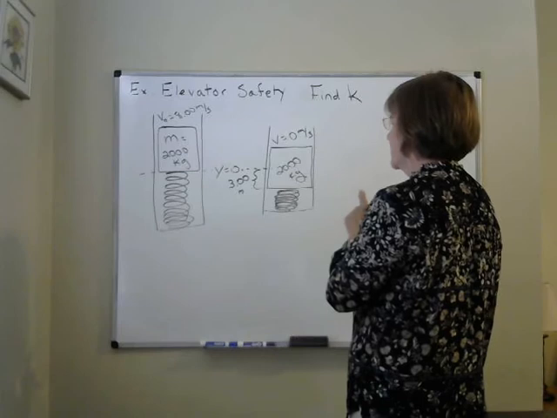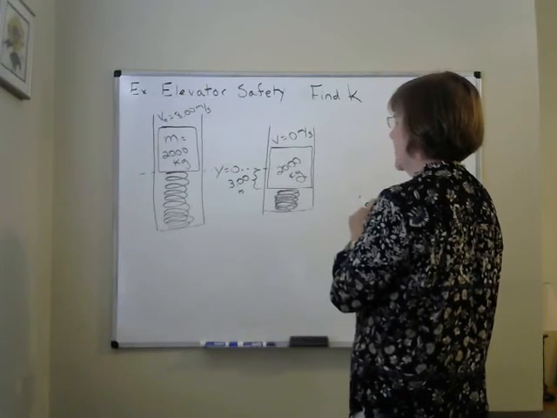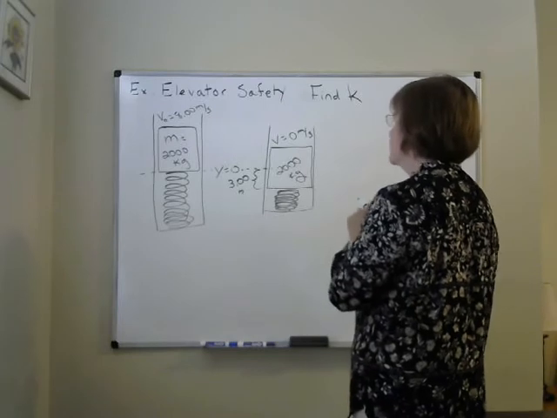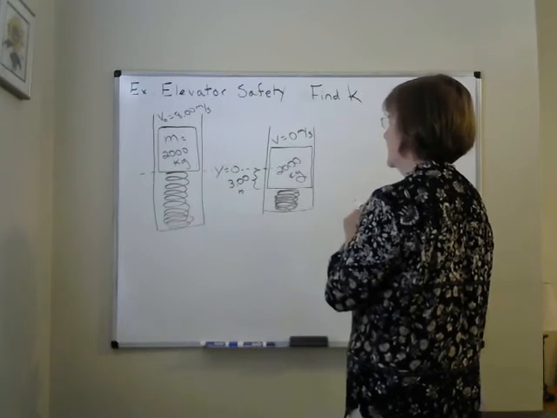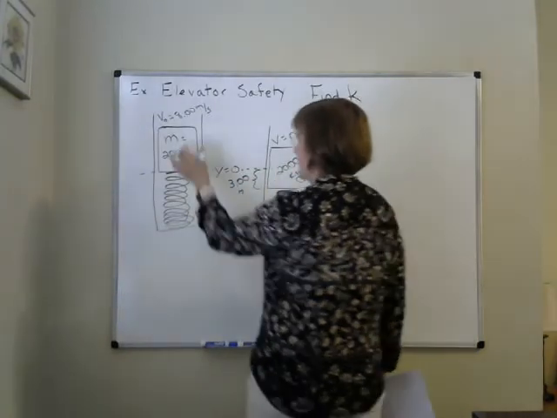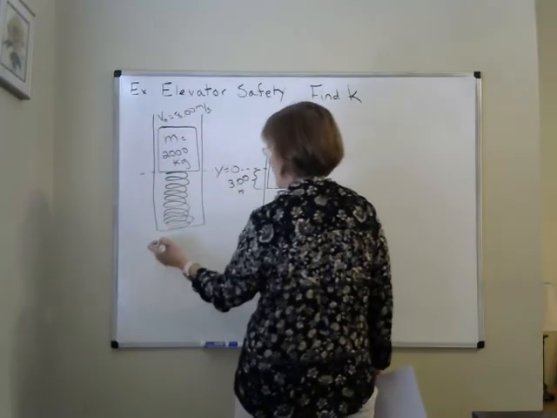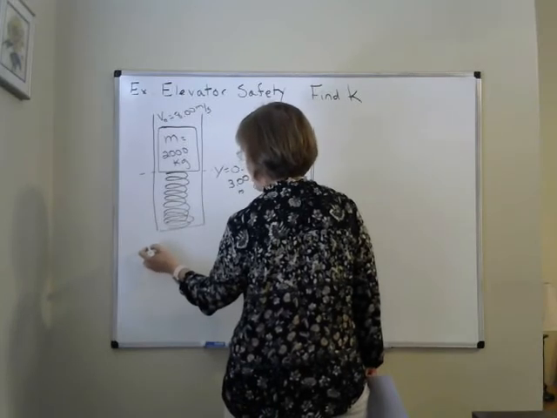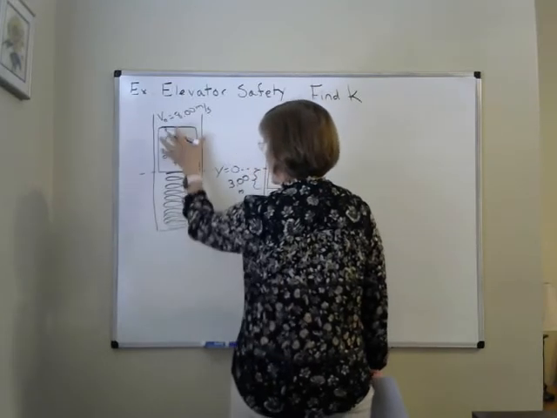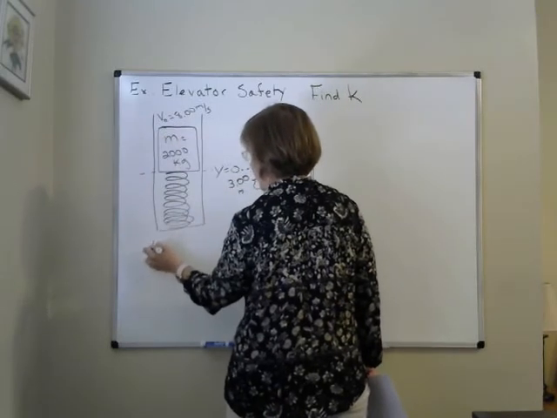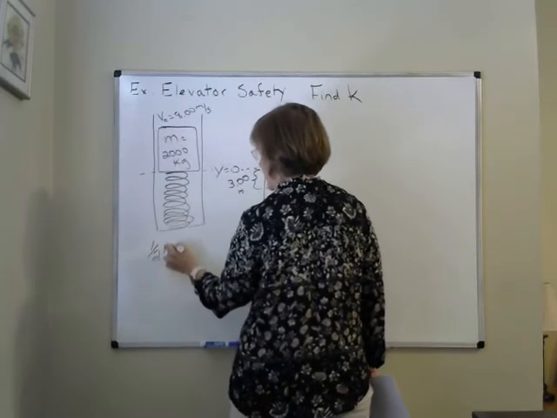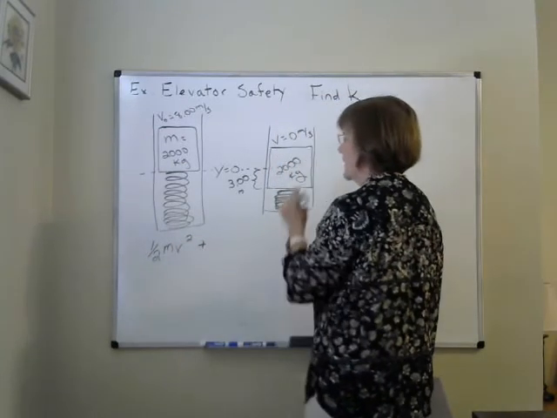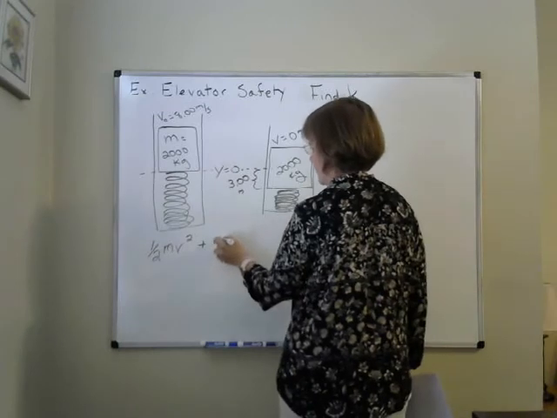All right, at the initial conditions, we have kinetic, 1/2 mv squared. We have gravitational potential, mgh.